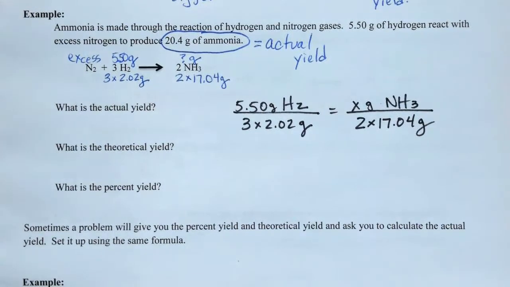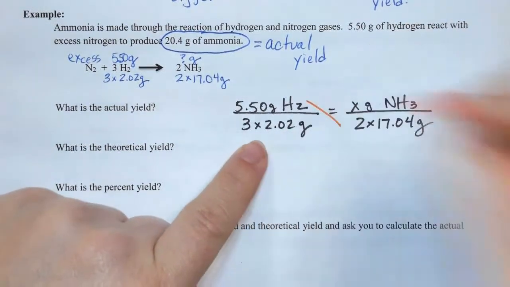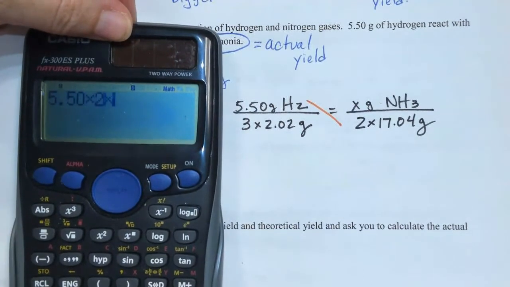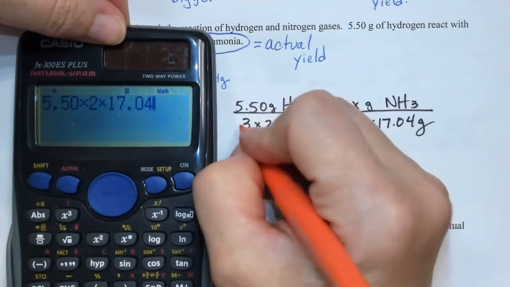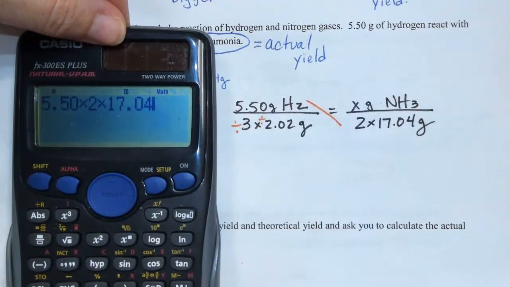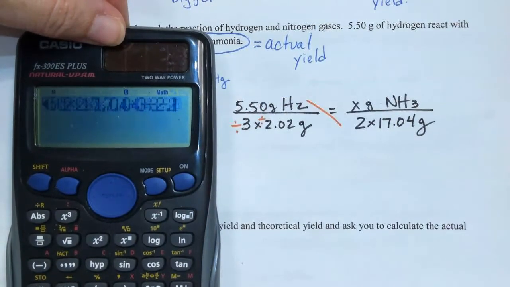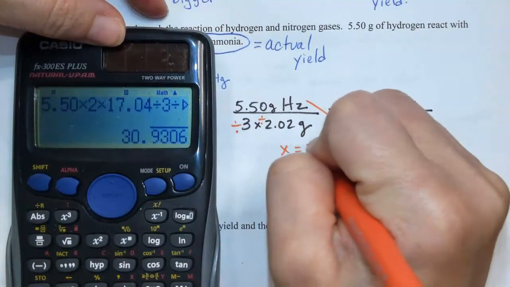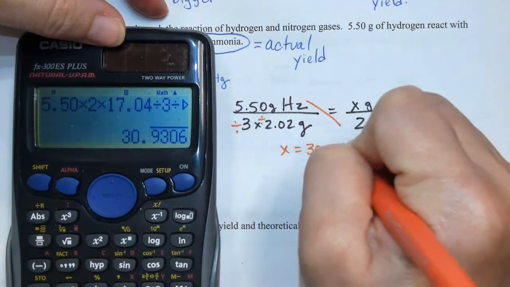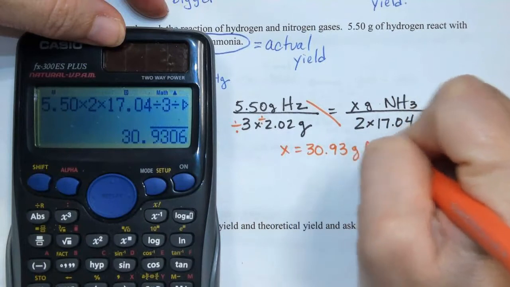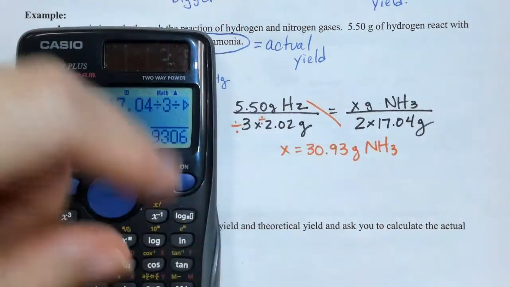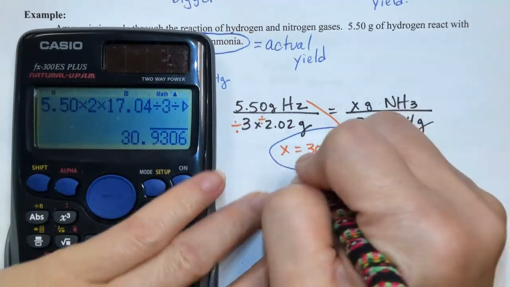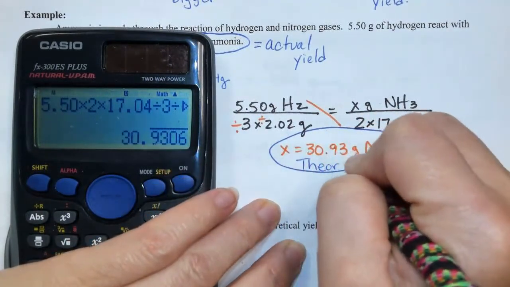When I cross multiply, I get 5.50 times 2 times 17.04 divided by 3 divided by 2.02, and that's going to get us X equals 30.93 grams of ammonia.